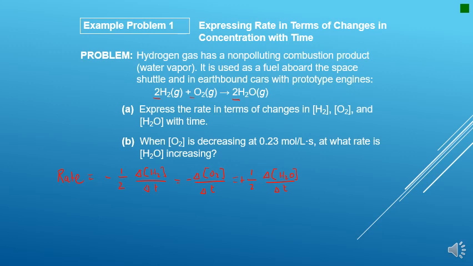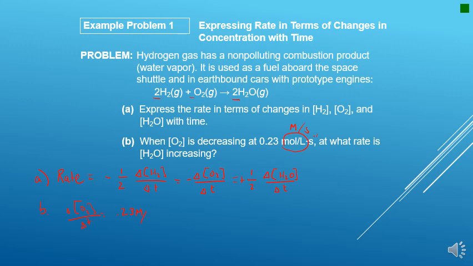So when I look at part B, it tells me that the O2 is decreasing at 0.23, so my change in oxygen over the change in time is equal to 0.23. Again, the moles per liter, remember that is your molarity, and that should be seconds to the -1. So I'd have my change as molarities per second.